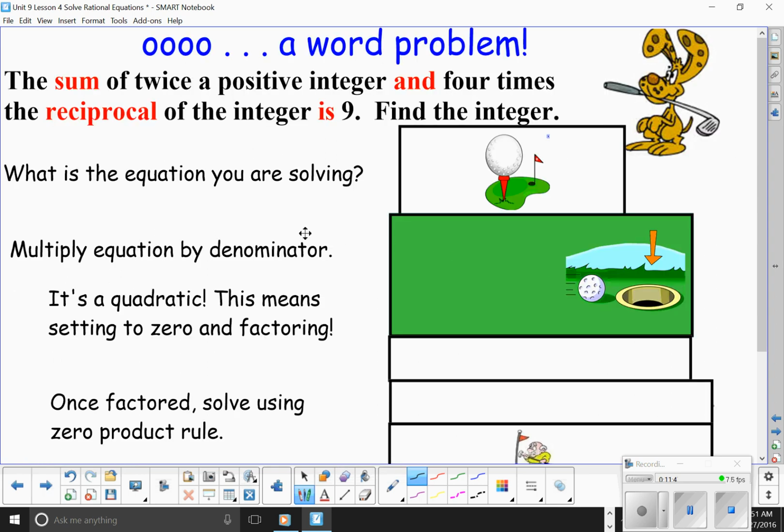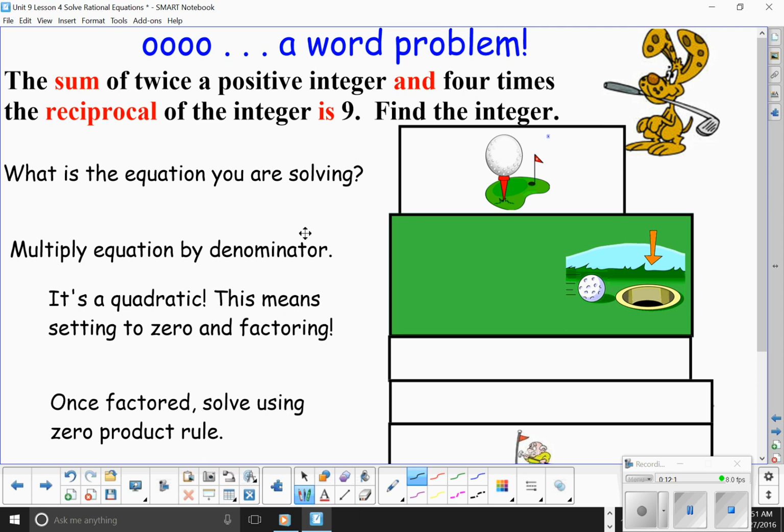Ooh, a word problem. The sum of twice a positive integer and 4 times the reciprocal of the integer is 9. Find the integer. Well, first off, what in the world is the equation saying? Notice I put in red the words that are important. Sum of twice a positive integer and 4 times the reciprocal of the integer is 9.